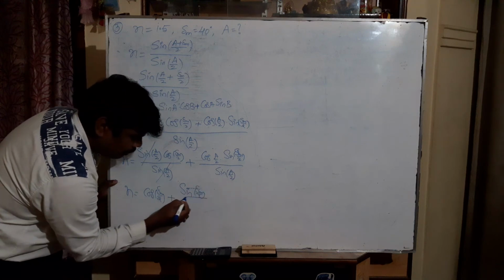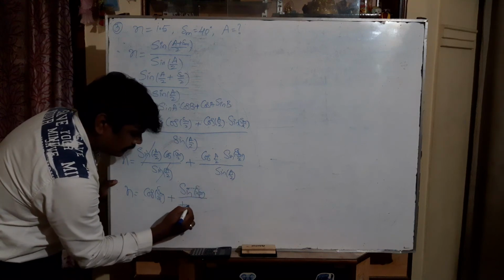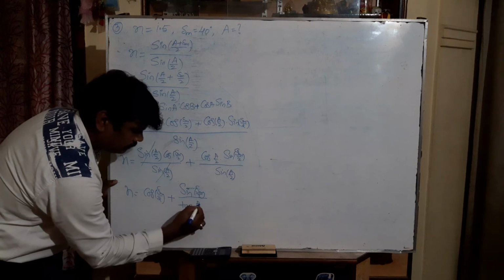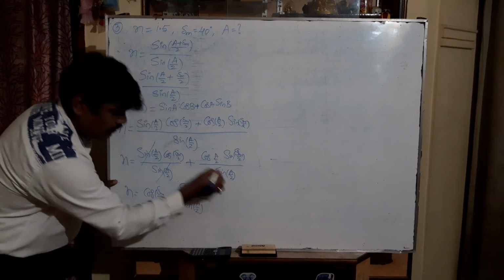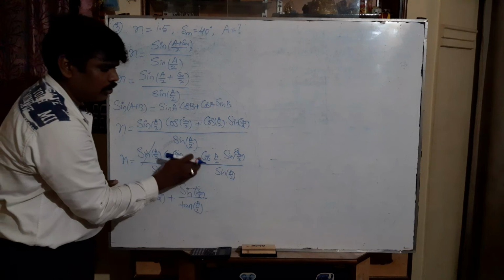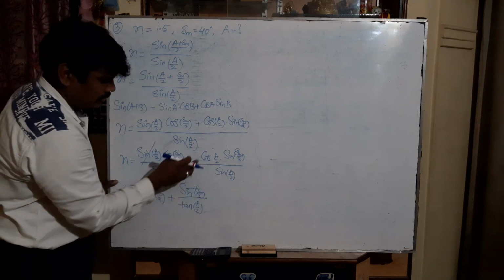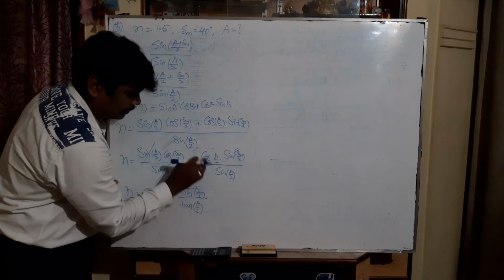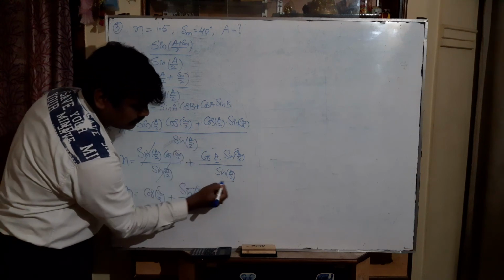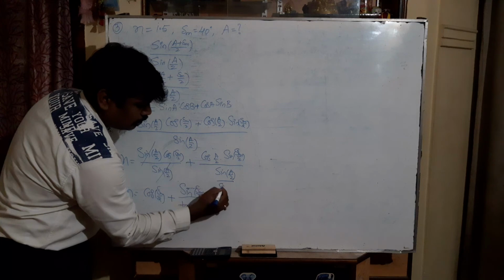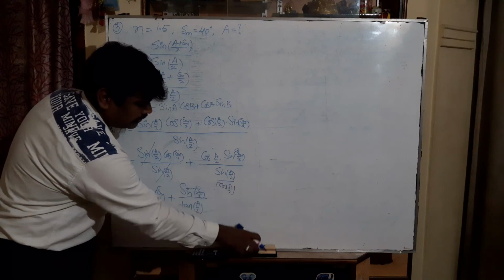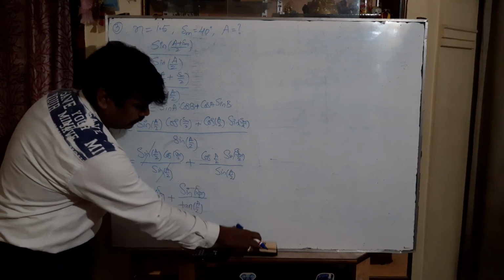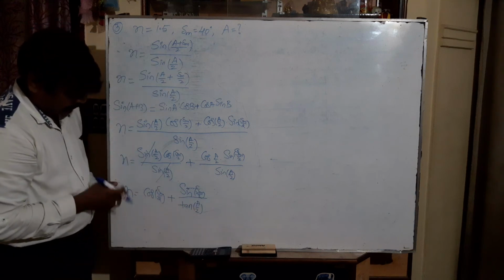That's why in the denominator I take the tan function, tan A by 2. It is a very simple trigonometric rule: sin by cos is tan and cos by sin is cot. That's why I take tan A by 2 in the denominator. Okay, in the next step.